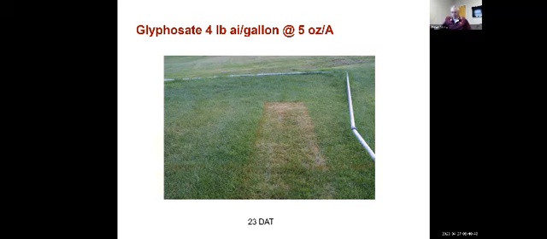But again, you can get away with this once per season. So if you've got areas that are not as visible that you want to implement this on anytime, it can work. If it has to look really good through this regulated period, then you're going to need to use a colorant. And then the cost associated with that goes back in line with what you would have spent on labor to mow it.